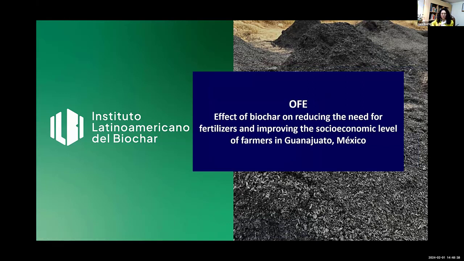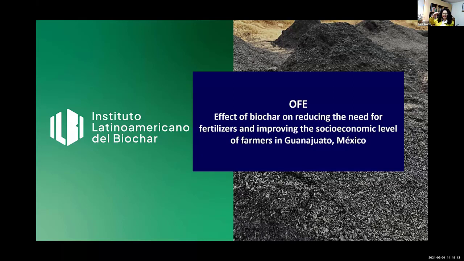And this is a beautiful experiment, a two-field experiment that we developed here in Mexico, with the goal of knowing the effects of biochar in reducing the need for fertilizer and improving the socioeconomic level of farmers in Guanajuato, Mexico. This OFE, or on-field experiment, is so important because everyone knows the fertilizer crisis that we are facing.